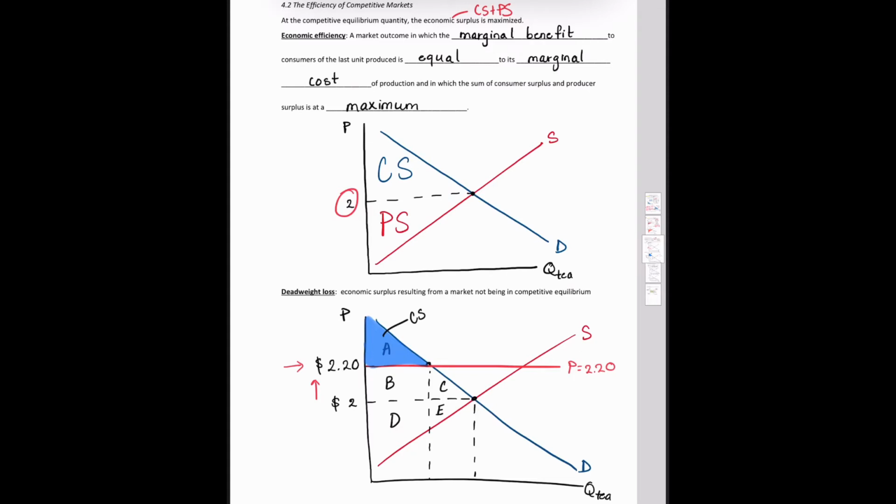At price 220, the demand curve tells us the quantity. Because in order to find the quantity demanded in this market at price 220, go over at the price line 220, find the demand curve and drop straight down. We have quantity 1 here.